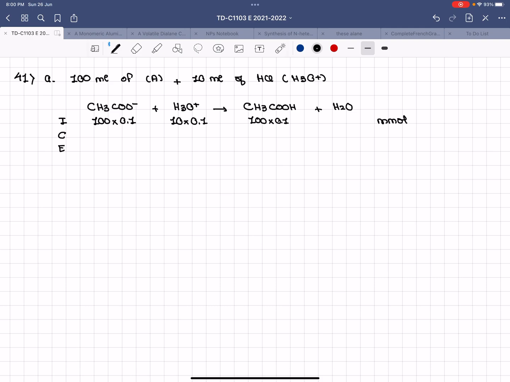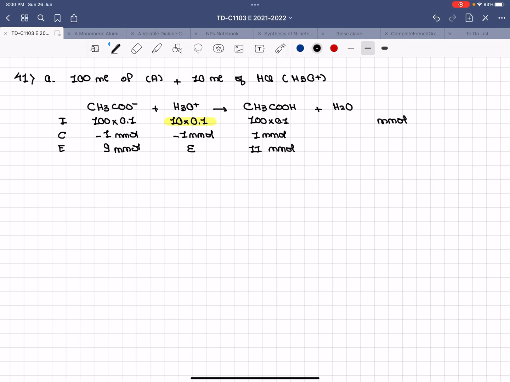So the limiting reagent is H3O plus, which is 1 millimole. All reactants will lose 1 millimole. All products will gain 1 millimole. You will get 9 millimole, an epsilon value or approximately 0, and 11 millimole.